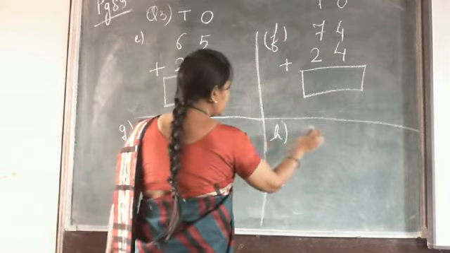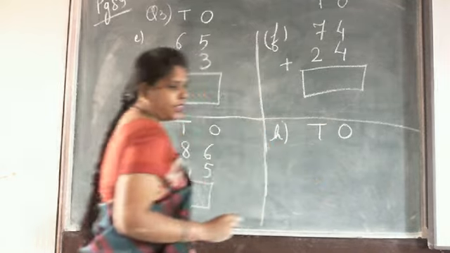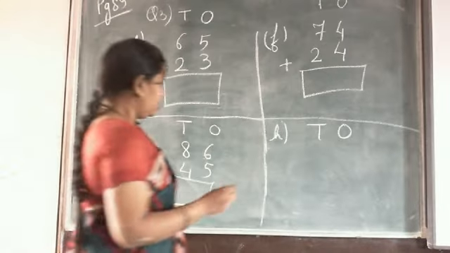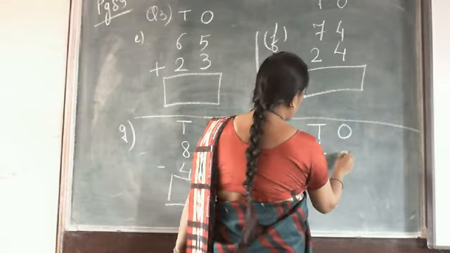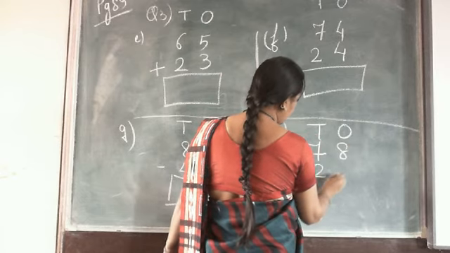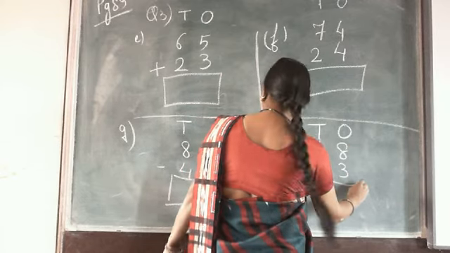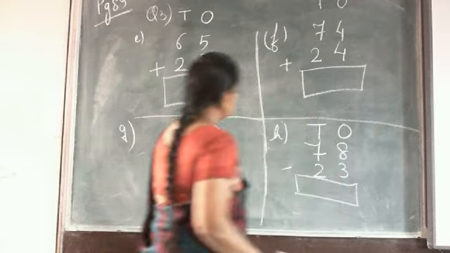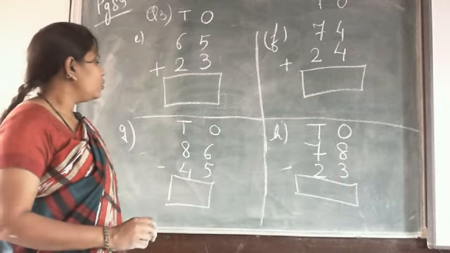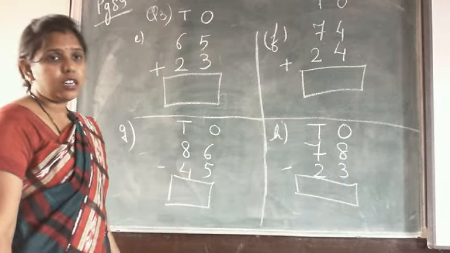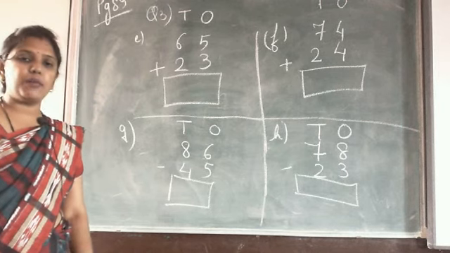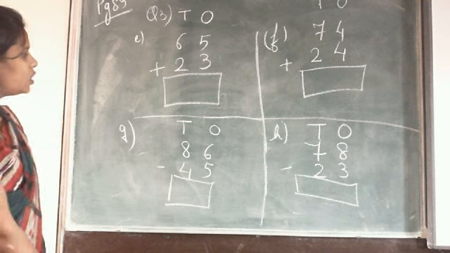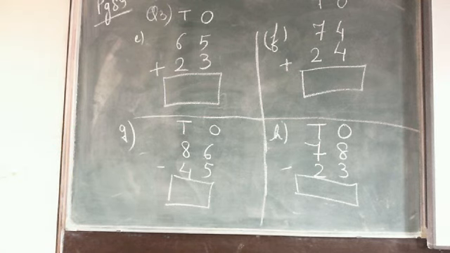Now the last question, write 78 minus 23. So these are the 4 questions. 2 questions are of addition and 2 questions are of subtraction. So do it fast.